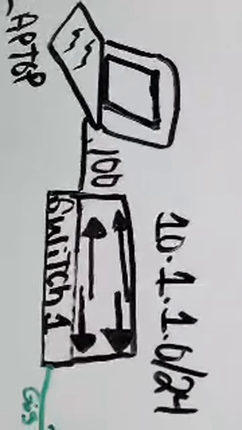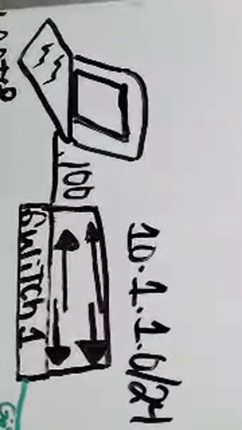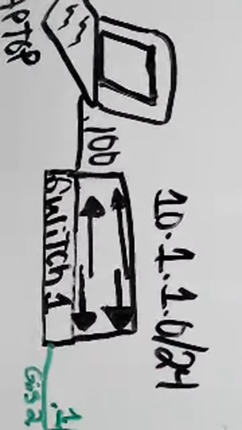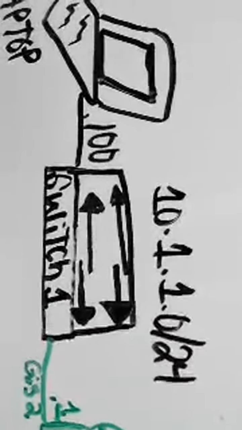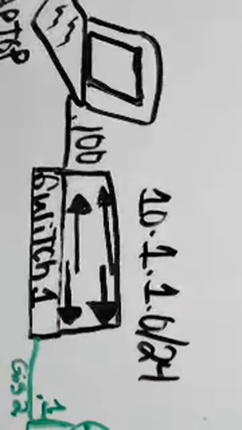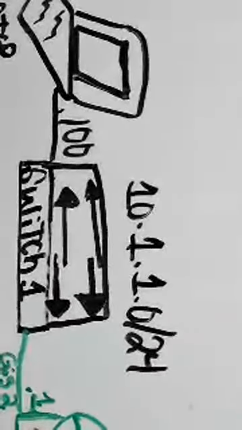Okay, so the next fundamental component of a network is a switch. Think of a switch as residing within the street, also known as a network, within that network. So what does it learn? It's going to learn where everything is.